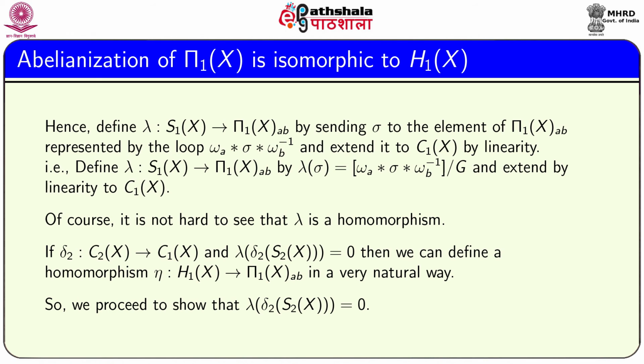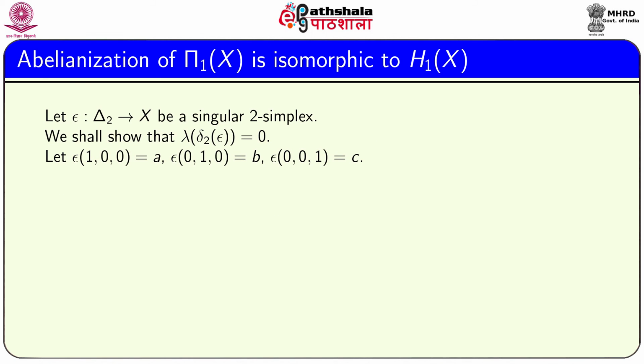So, we proceed to show that λ of δ2 of S2(X) is equal to 0. Let us take ε, a singular 2-simplex in X. We shall show that λ of δ2 ε is equal to 0.